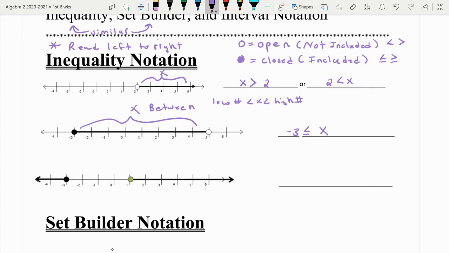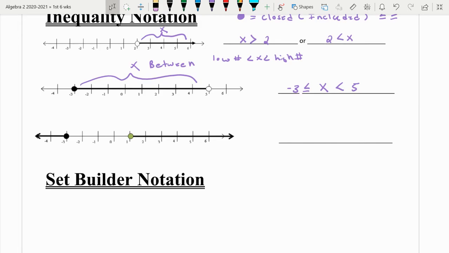And then the 5 on the right side, that's the high number, is going to be greater than all the x values to the left of it. So greater than, facing the 5. No bar underneath because that 5 is not included in this set.